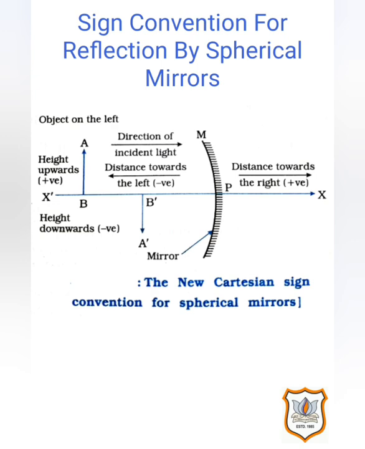Also, distances measured perpendicular to and above the principal axis, along plus y-axis, are taken as positive, while distances measured perpendicular to and below the principal axis, along minus y-axis, are taken as negative. So, these sign conventions are applied to obtain the mirror formula and solve related numerical problems.